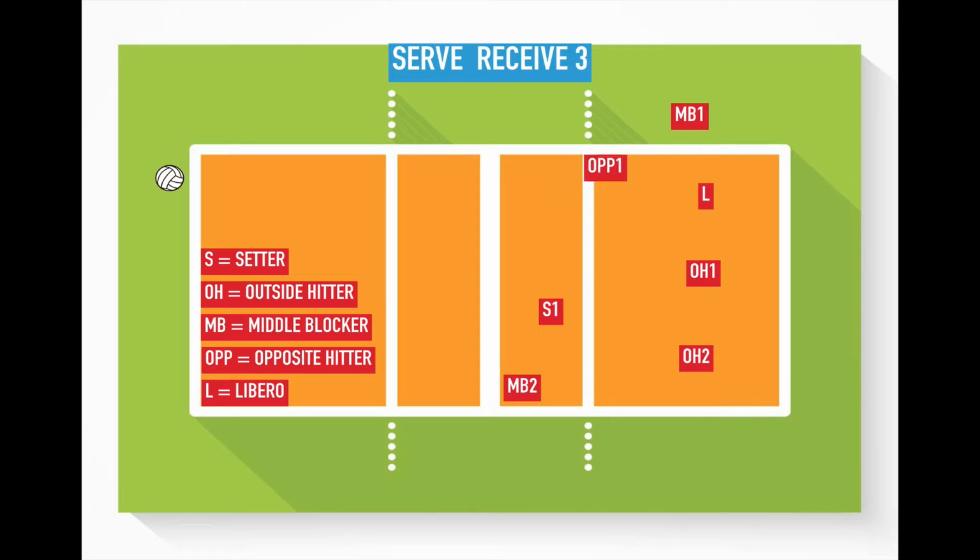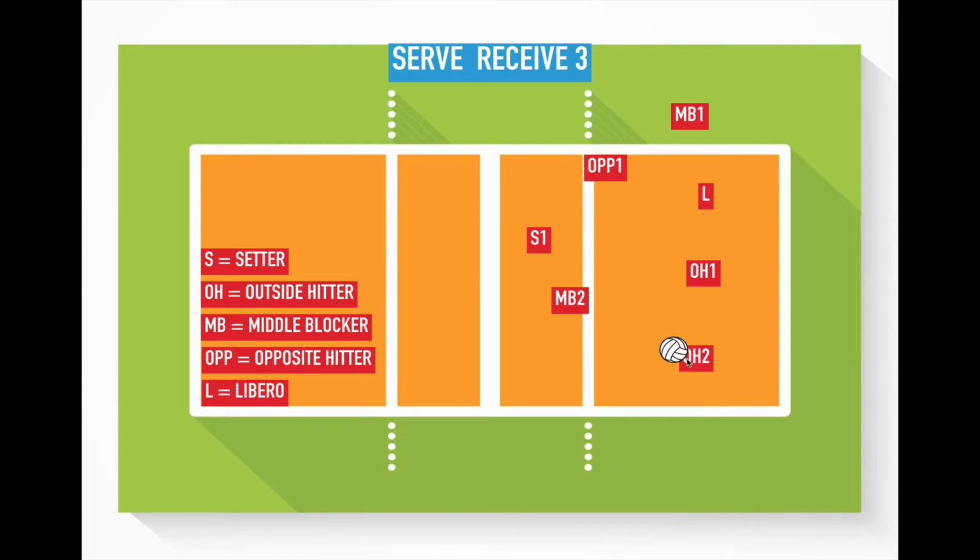On serve, oh, that's right, the opposite can move into her hitting position. On serve, I'm going to have 3 hitters: the opposite, the middle blocker, and my second outside hitter. She is front row. So here comes the serve.